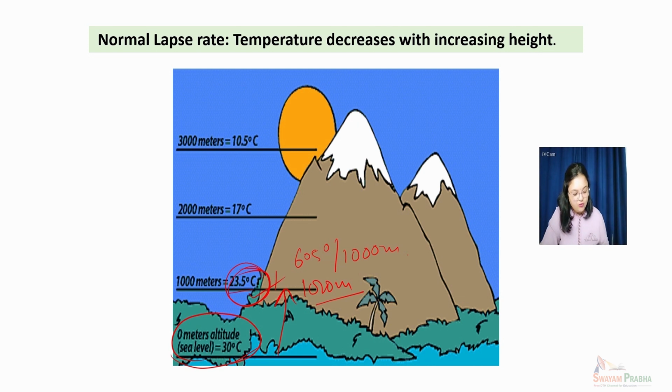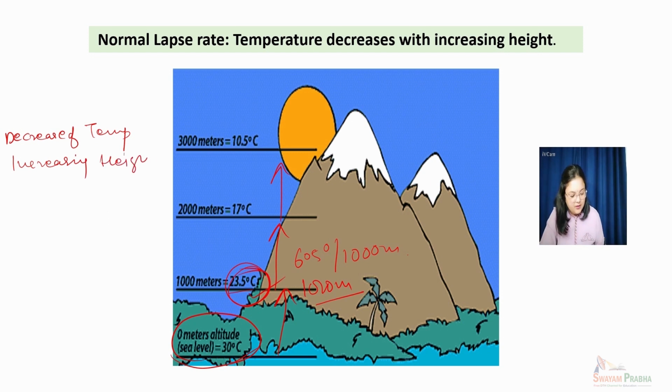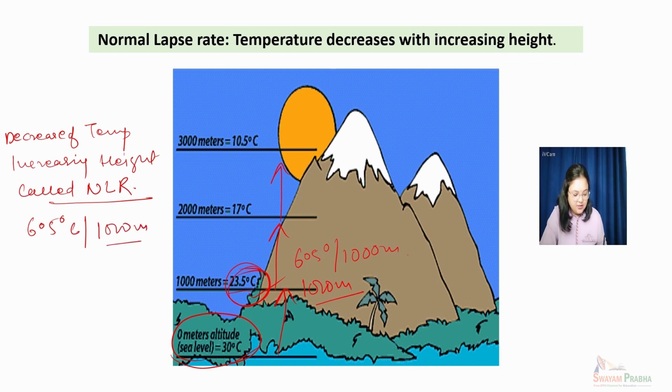And further, as we move up, the temperature keeps on decreasing at this particular rate only. This decrease of temperature with increasing height is called the normal lapse rate, which happens at the rate of 6.5 degrees Celsius per 1,000 meters.